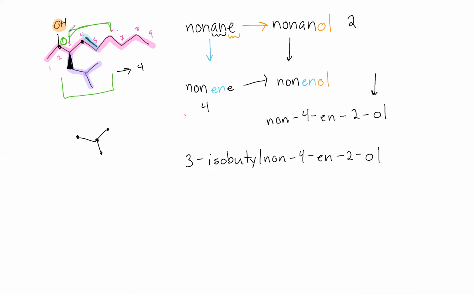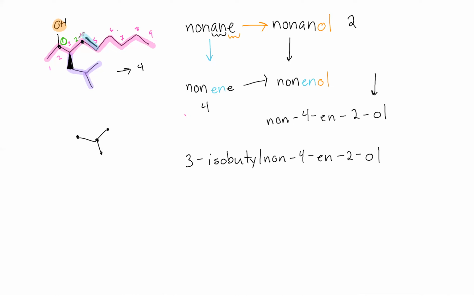Both of them have a carbon attached to another carbon. However, this one up here is attached to a carbon twice, which we're going to count as 2 carbon bonds. So overall, this top one is going to be a higher priority.